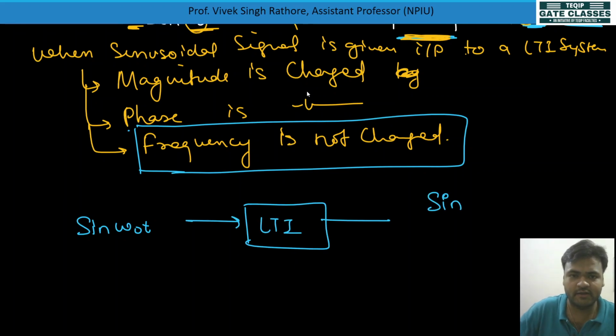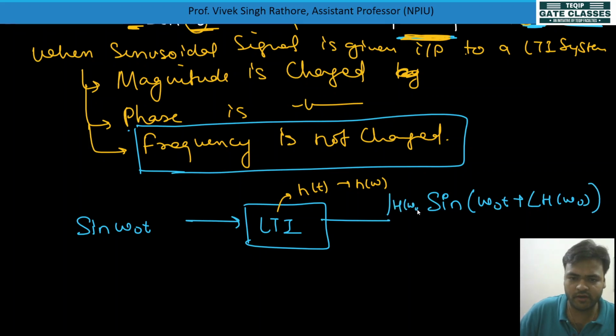For an LTI system with impulse response h of t, whose frequency response is H of omega, we get sine of omega naught t plus the phase of H of omega naught, and the magnitude mod of H of omega naught will be there. This is the conclusion: magnitude will change, phase will change, but the frequency will not change.